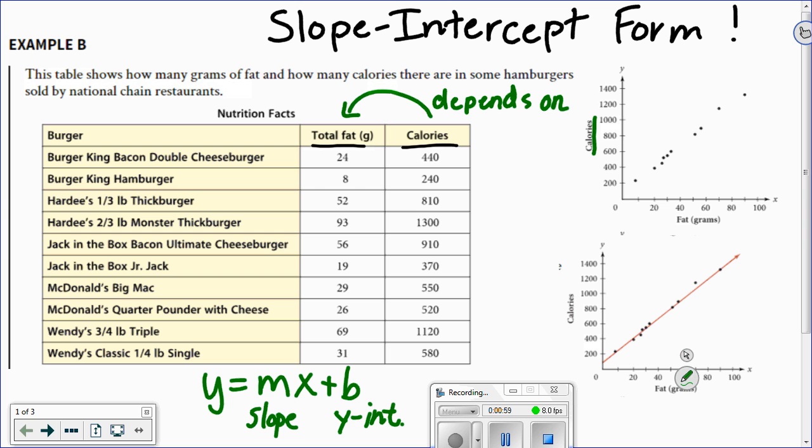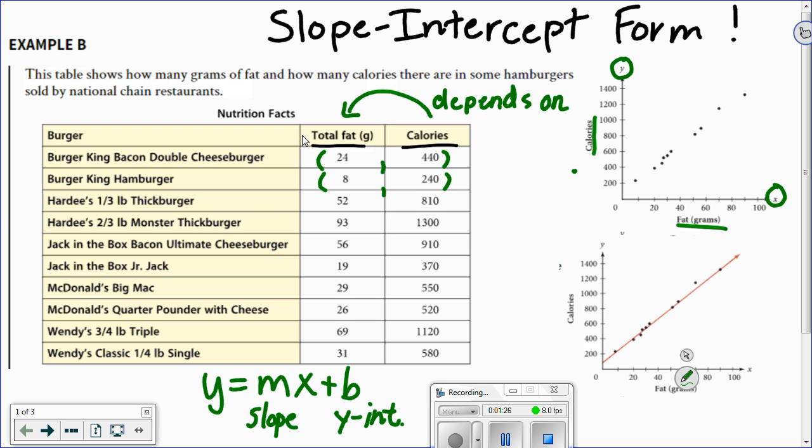I can see that modeled in my graph over here, and fat is my independent variable modeled in my graph over here as well. Again, independent is going to be my x values, dependent is going to be my y values. So in the graph on the upper right-hand corner, I've graphed all the ordered pairs from my table of values, taking each ordered pair, x comma y, and graphing it.